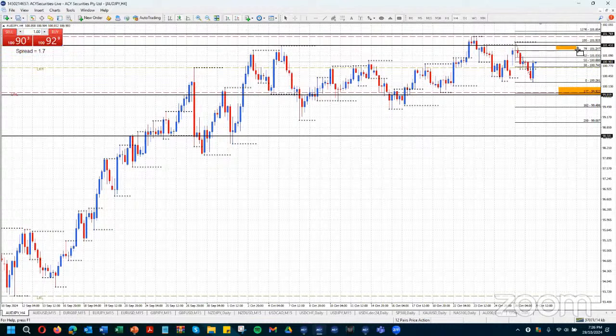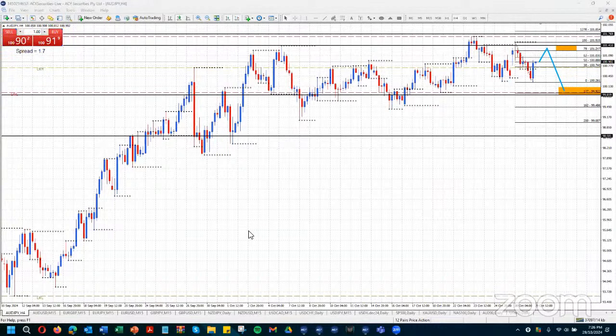So from 101.24, 79% retracement up to 101.41, if you're looking for a short to fade, are we going to come back up? And we have been rather range bound for most of the month.